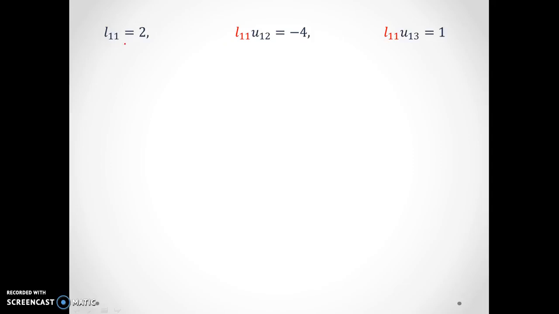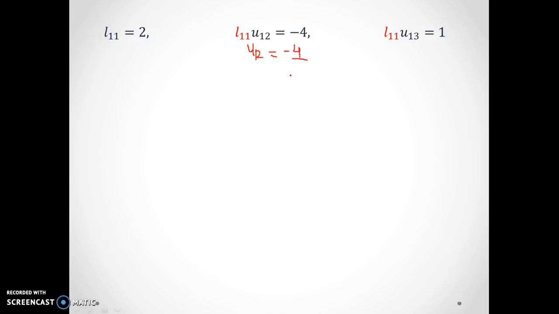Here L11 is already calculated, and if you notice that I have written L11 in red color, it means that L11 is the known value for this equation. So I can write U12 equal to minus 4 upon L11.